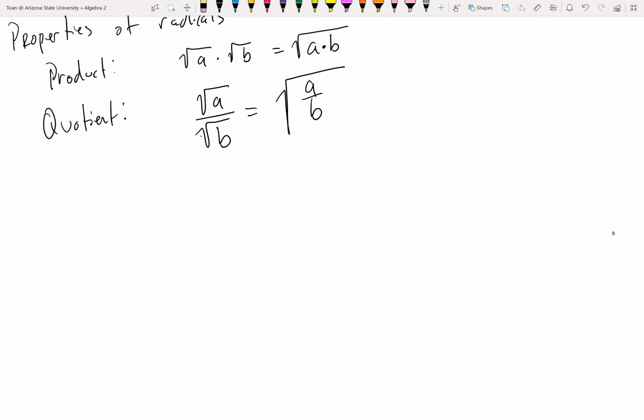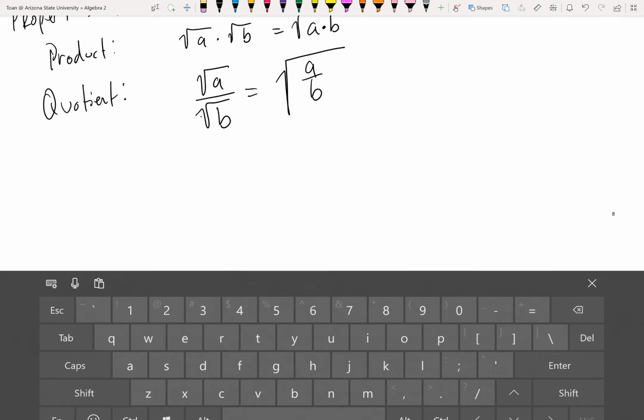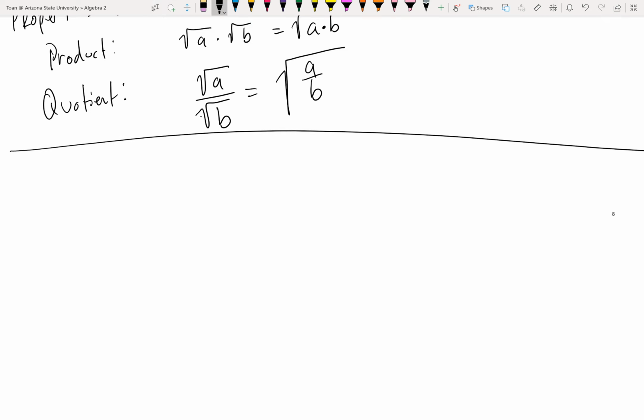So for example, suppose you had the square root of 24. Now, to simplify radicals, all you have to do is break down radicals into factors.